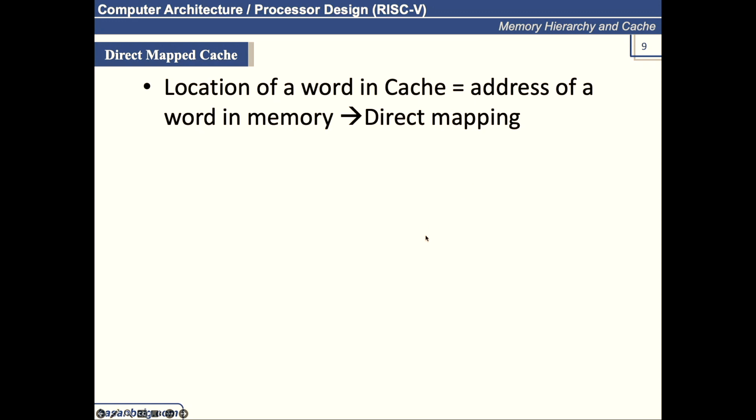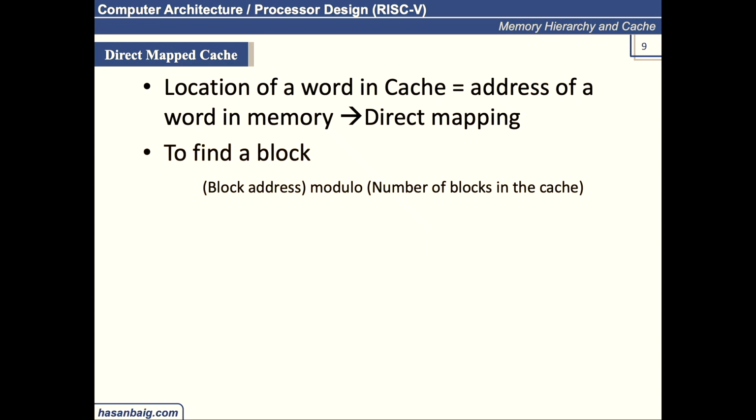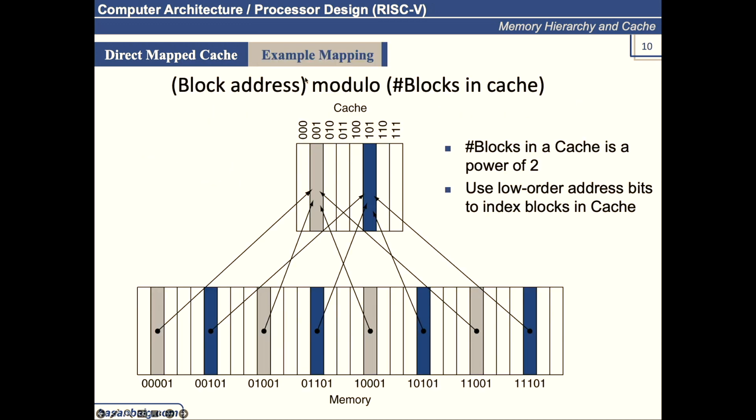So when the processor requests the data, it has to actually determine where that data is placed in the cache. Which means that we need to find a block in the cache where data is located. Does this example make more sense to you? So here, this is a cache.